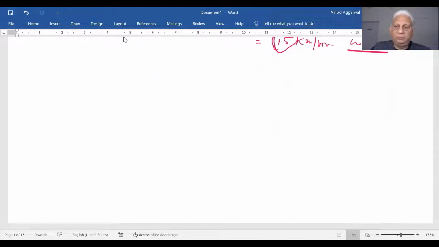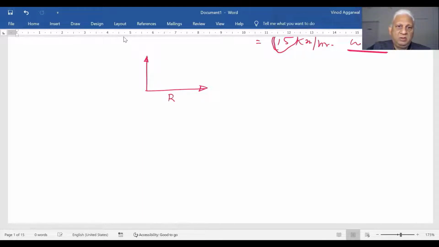Now let's talk about vector additions. Can vectors be added? Yes, vectors can be added. For example, there's a river which is flowing in this direction, and there's a swimmer who is trying to go in this direction. Will he go to the other side of the river like this? No. Why?